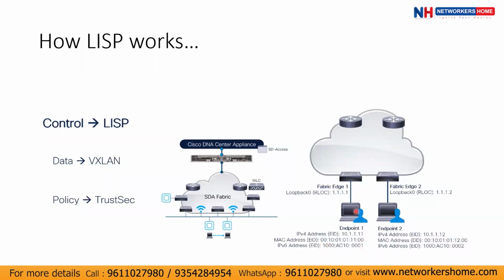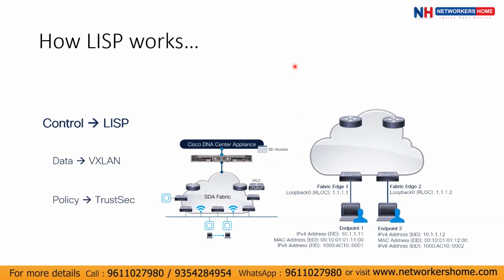There is the MAC address, and if this endpoint has an IPv6 address, you can consider the third one for IPv6. Same here, endpoint 2 has the IP address 1.12. Both are in the same subnet. The MAC address is different, and so is the IPv6 address. Now, when I say RLOC address, RLOC is your remote location.